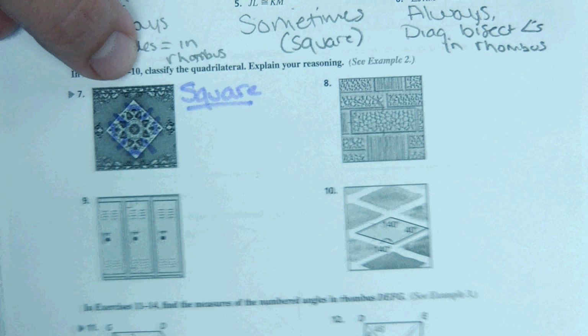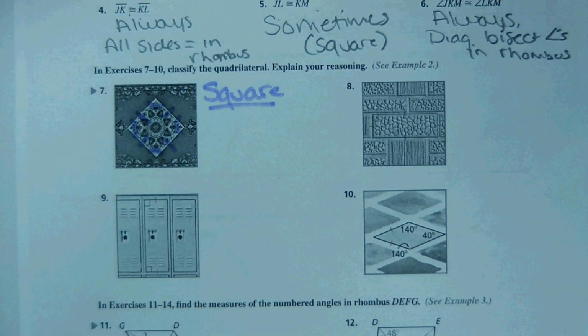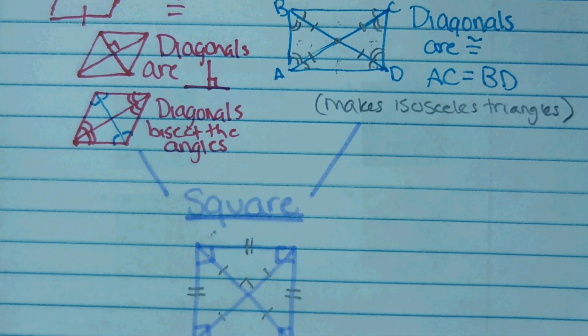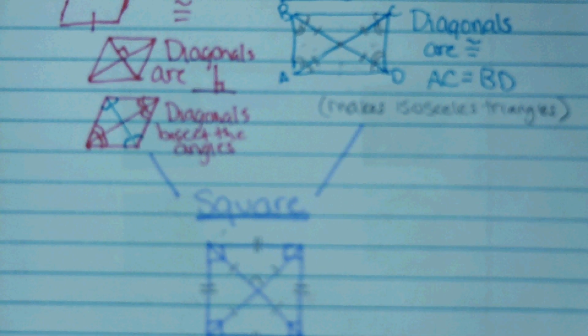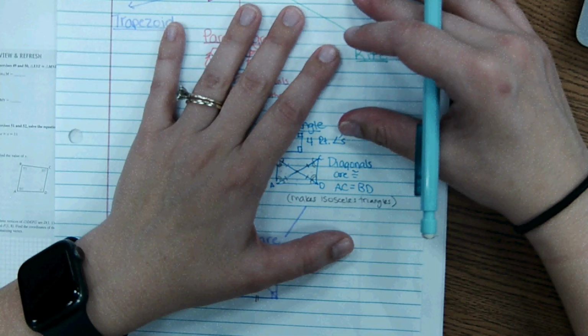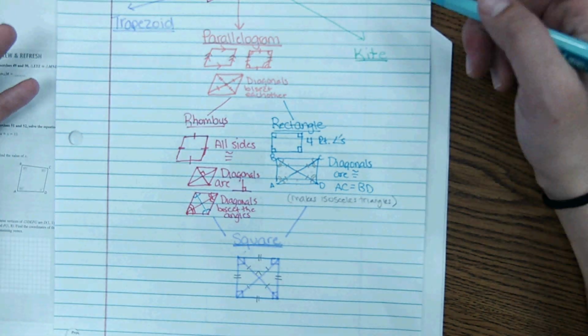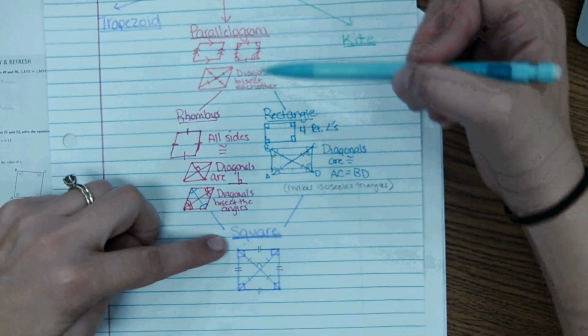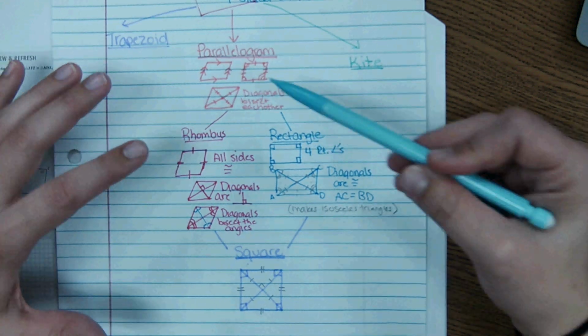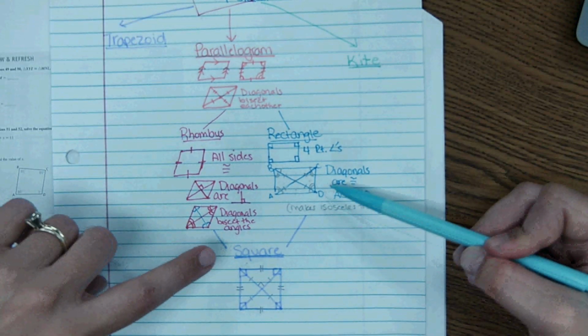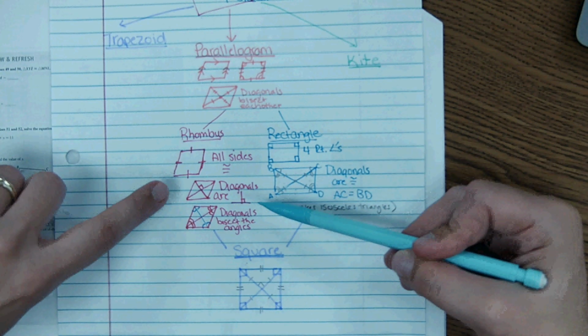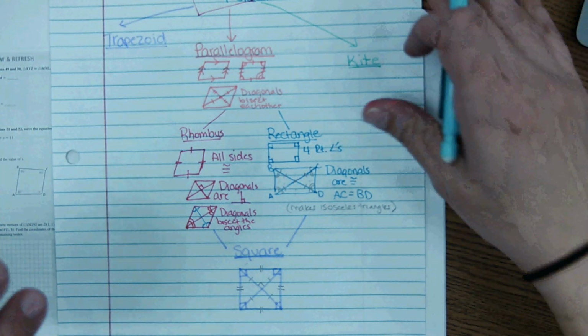But that would be the most specific classification. Something to also consider, I've seen this on testing as well, they'll have you select all the shapes it is. Using the family tree, a square is also all of its ancestors. So a square is also a rhombus, a rectangle, and a parallelogram, and a quadrilateral, because it also satisfies the specifics for all those shapes.